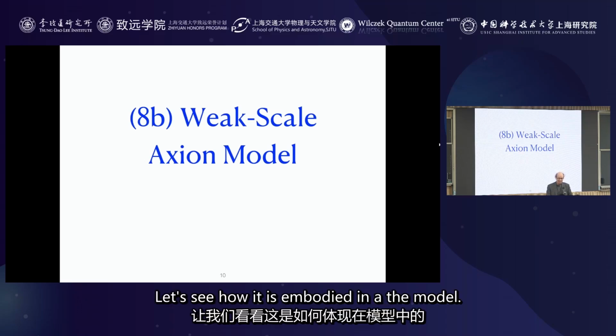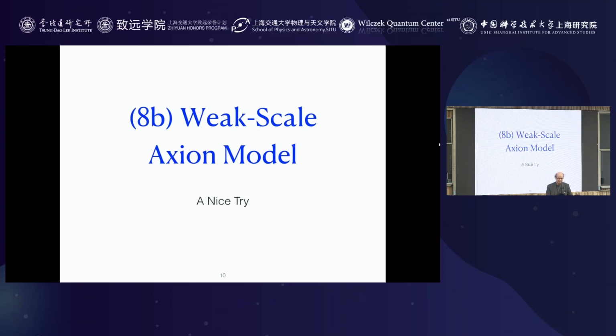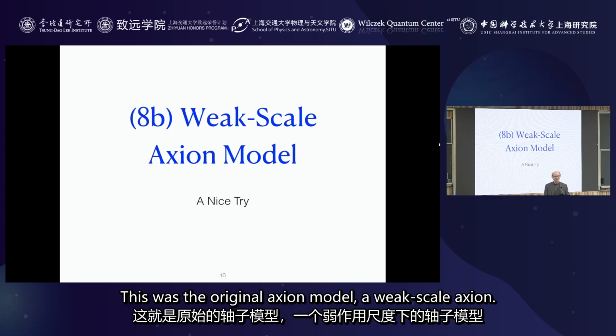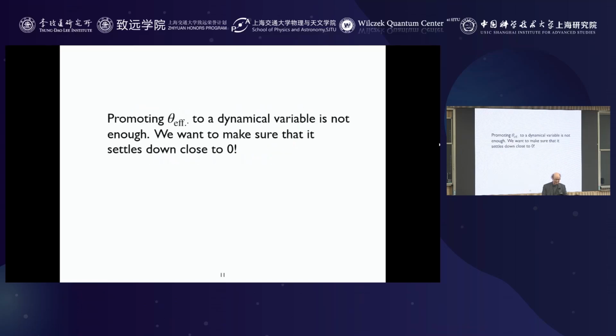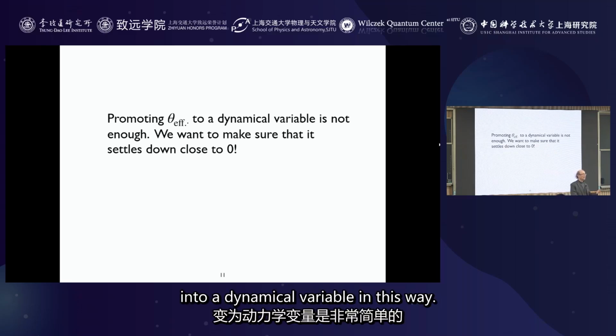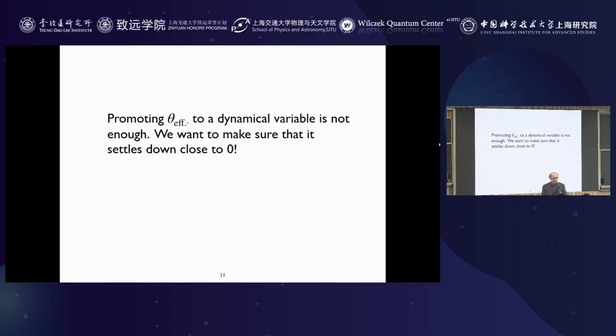Let's see how it is embodied in a model. So this was the original axion model, the weak scale axion model. So you see it's very simple to make theta into a dynamical variable in this way.